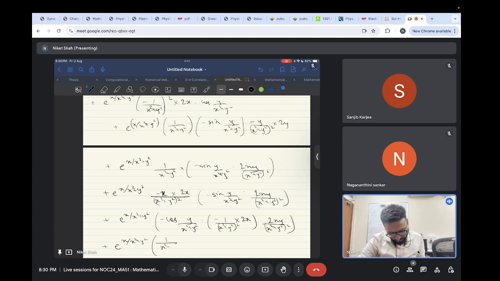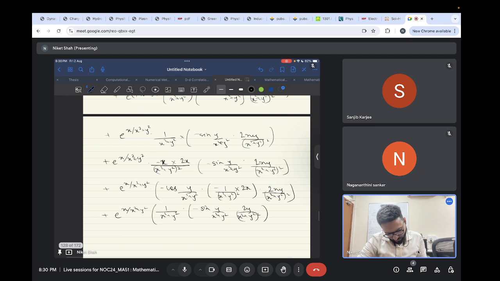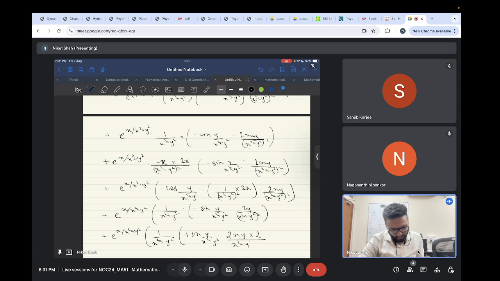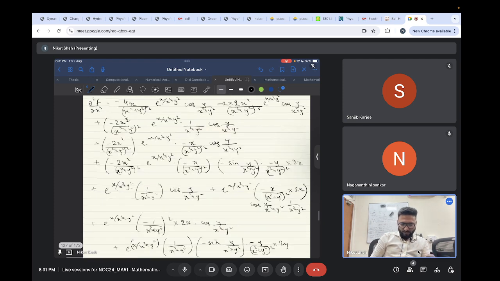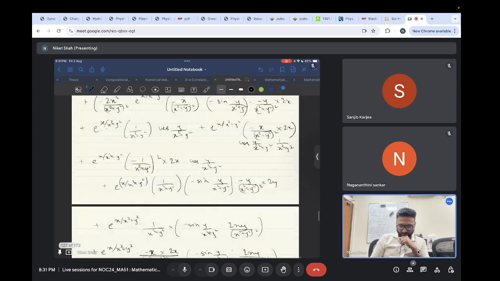So it's 1 upon x square plus y square, sine y upon x square plus y square into 2y divided by x square plus y square the whole square, plus e raised to power x divided by x square plus y square, 1 divided by x square plus y square minus sine y upon x square plus y square into 2xy, the minus sign goes away, into 2 divided by x square plus y square whole cube. So this is the size of the term that we obtain for the second derivative.